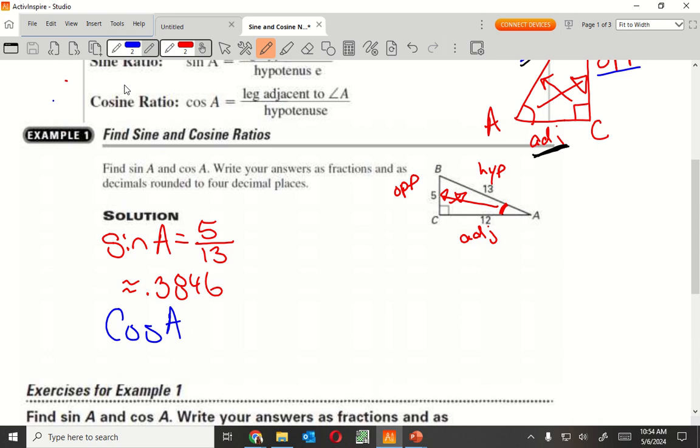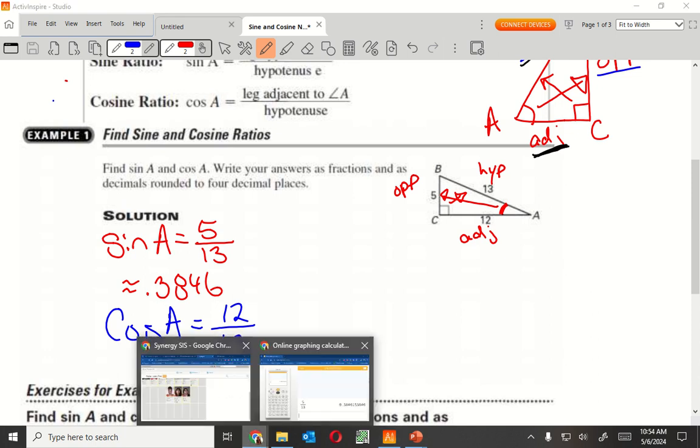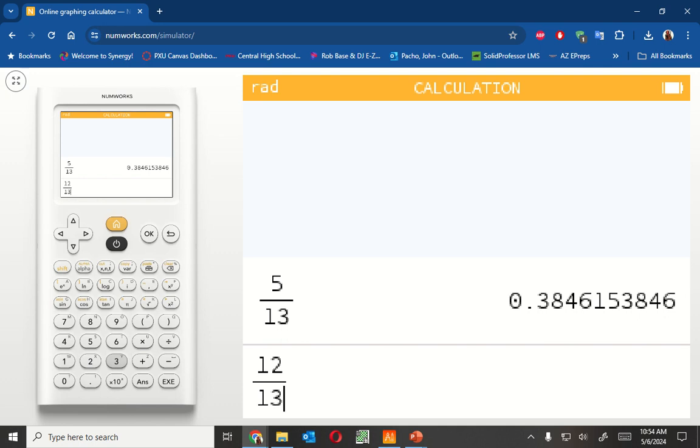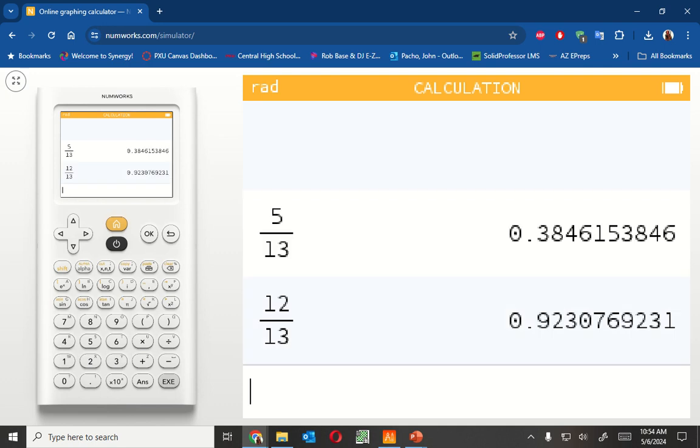Okay, so it's going to be 12 over 13. And then we're going to put those in my calculator. It is 0.9231, right? Yeah. Good.